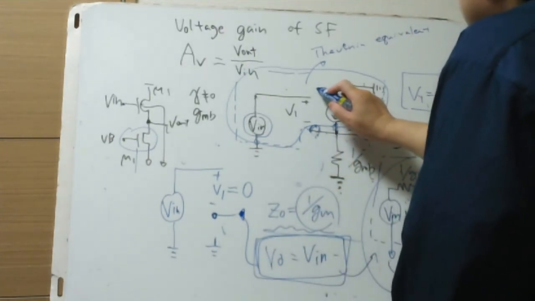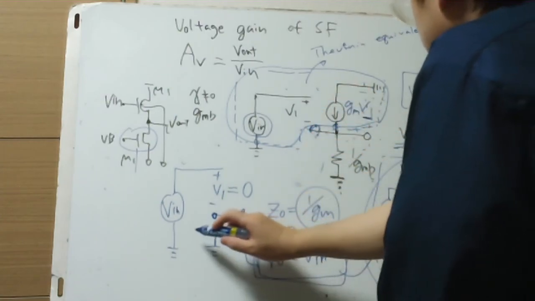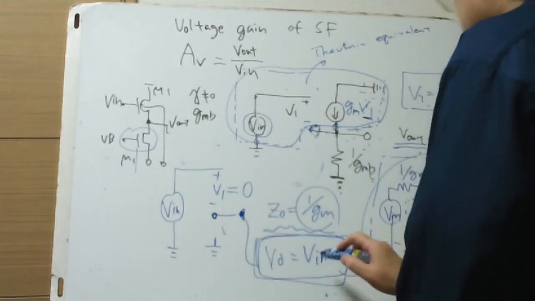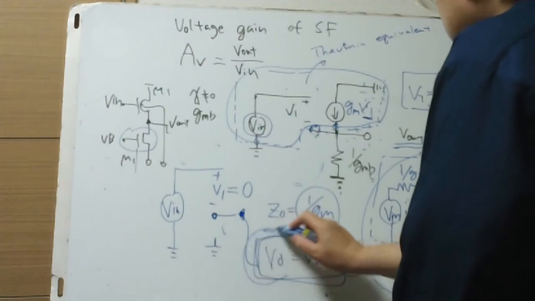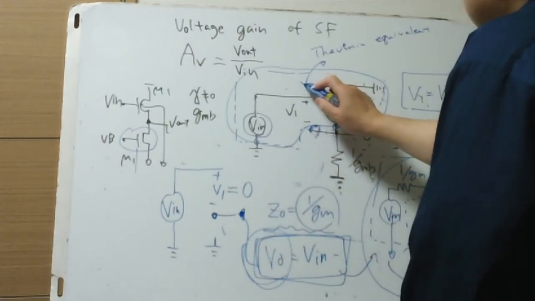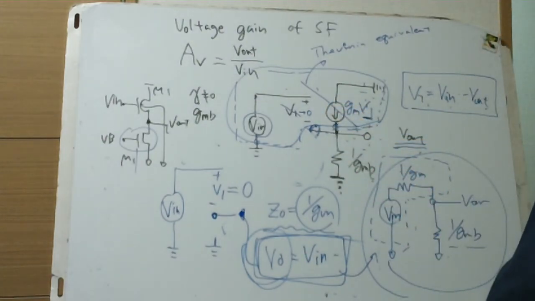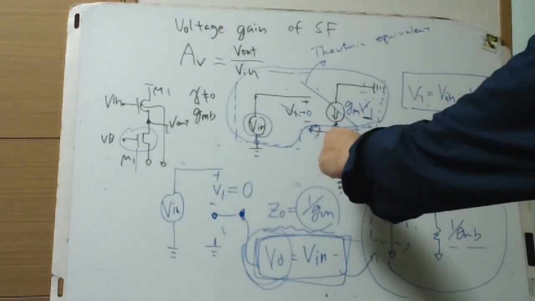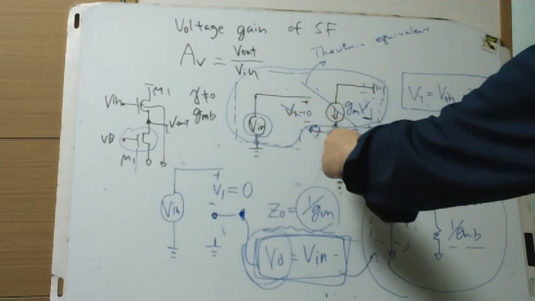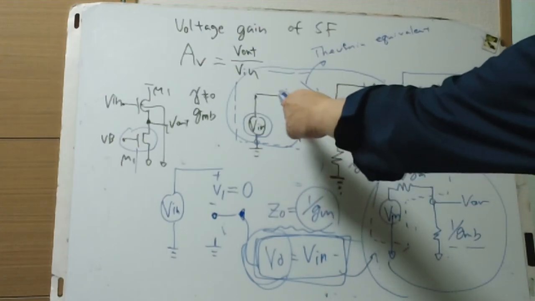Maybe this, to find VO, this is opened and this is going to 0, and this is shorted.